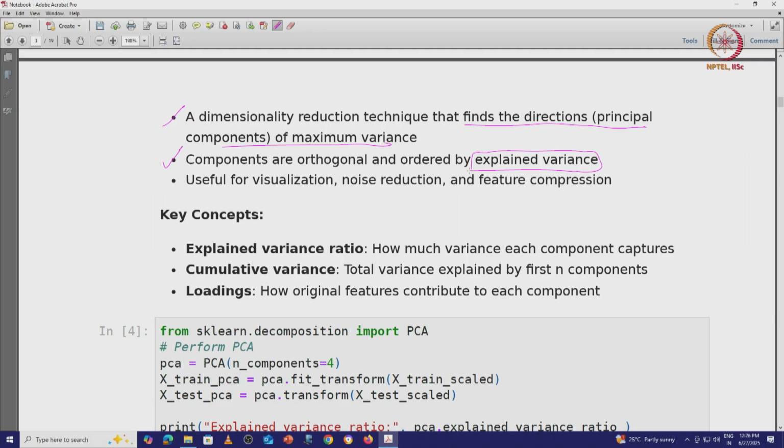And it is certainly useful for visualization, noise reduction, feature compression, and things like this, which are quite important. Now the key concepts are explained variance ratio, how much variance each component captures, the total variance explained by the first n components, and how the original features contribute to each component. If you understand these things, you can figure out how the PCA has worked on your data set.